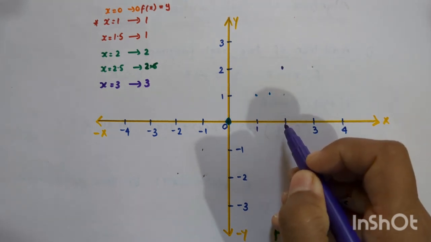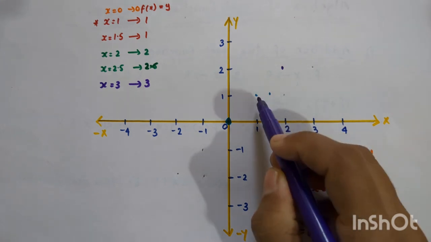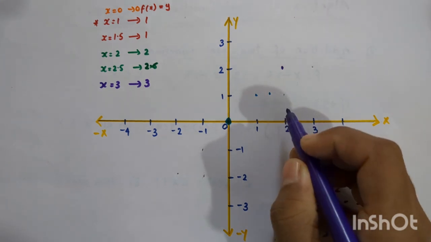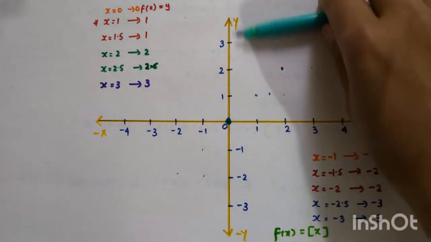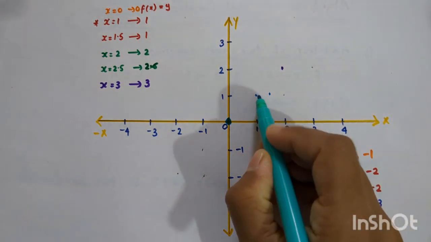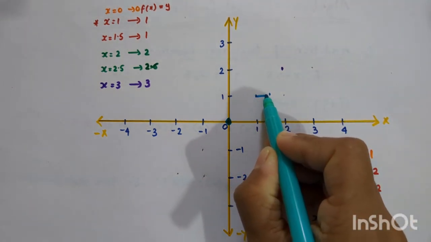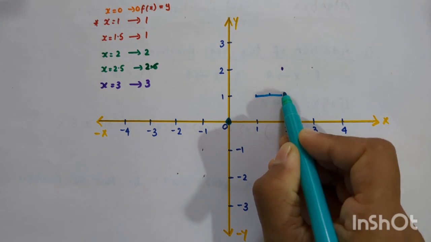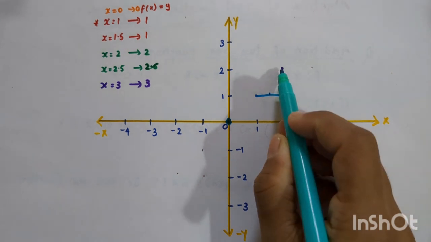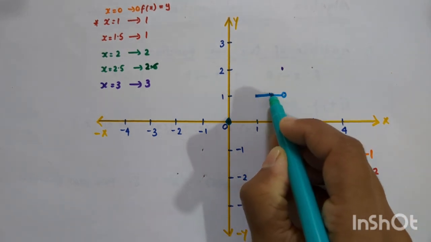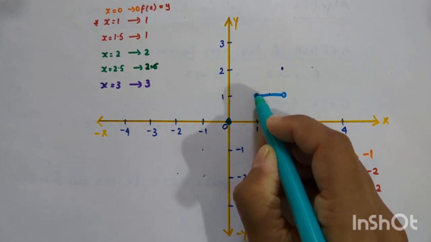From 1 to 2, you will have the y value as 1, but not at 2, because at 2 its value is 2. So we will draw a line like this.